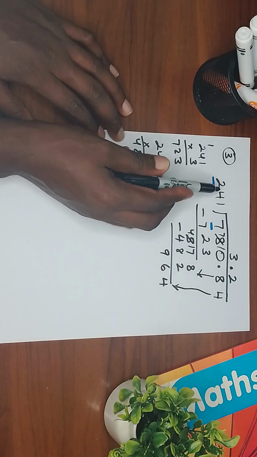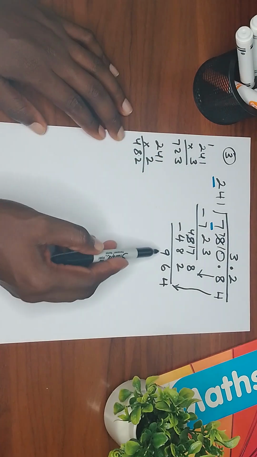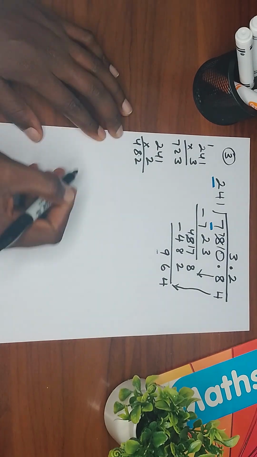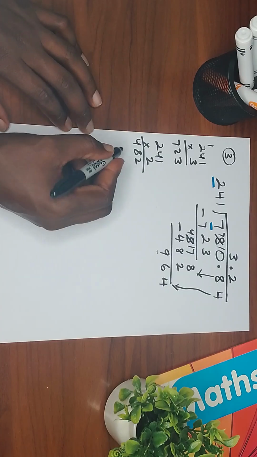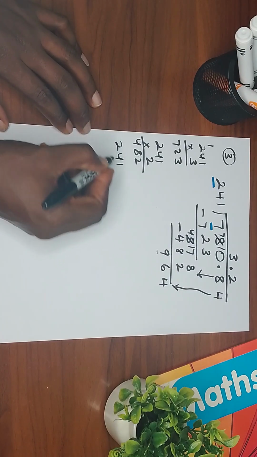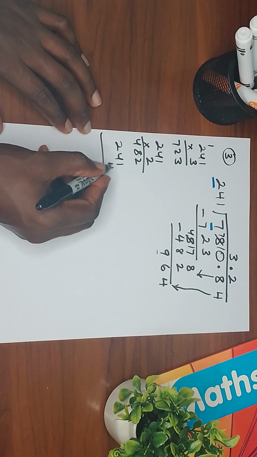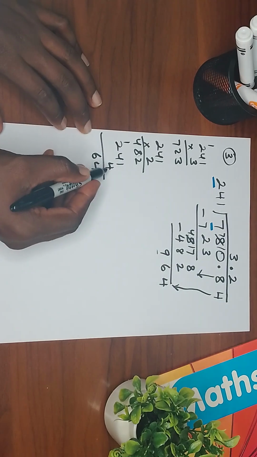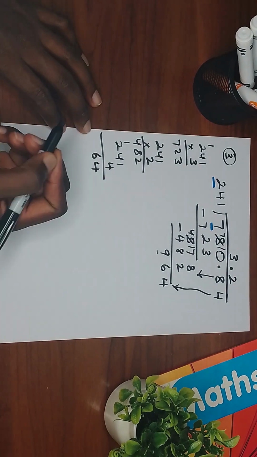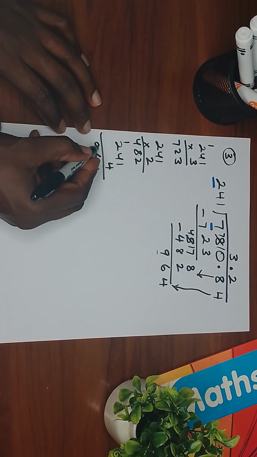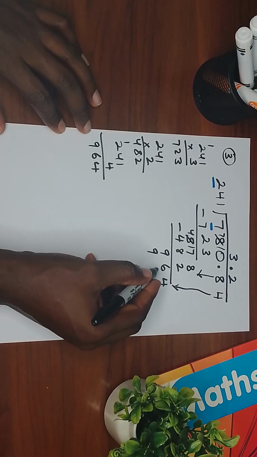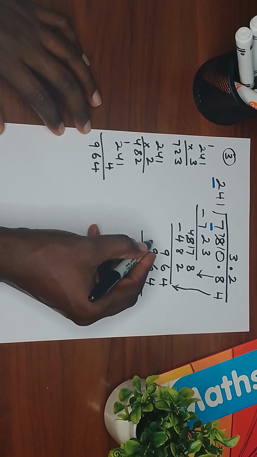Then we check again in the multiples of 2 where 9 is. How many times is that? That will be 4 times. So you take 241 times 4. This is going to give us 4, 16, 6, 1. 4 times 2 is 8 plus 1, 9. Then we write 9, 6, 4.